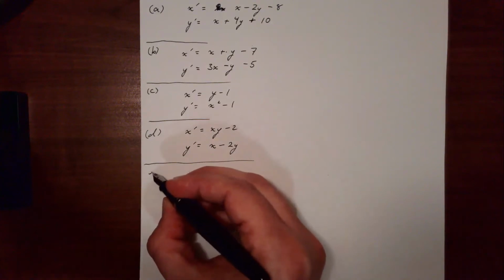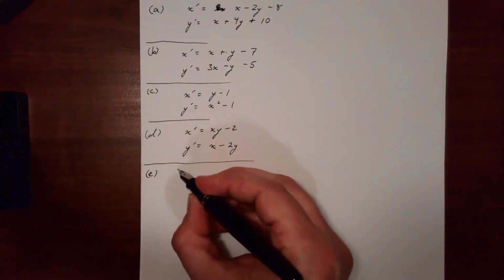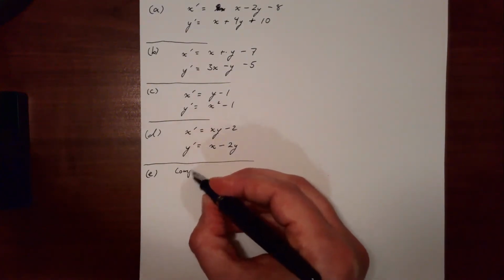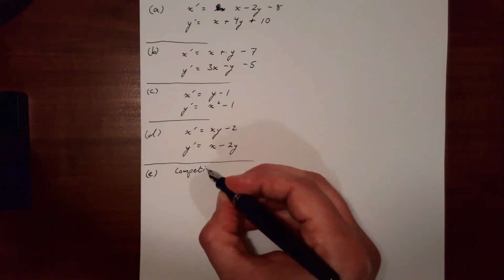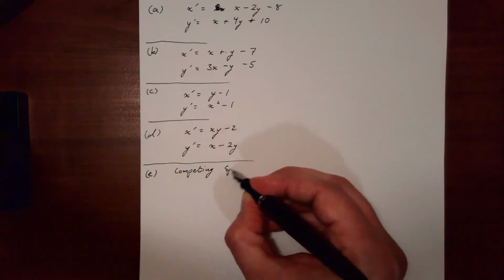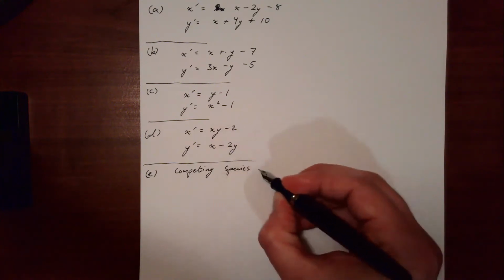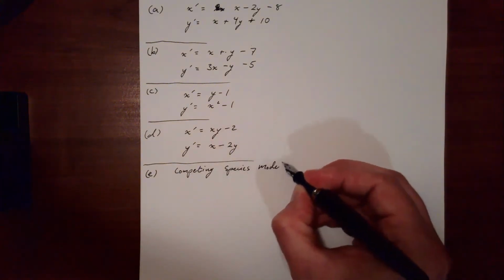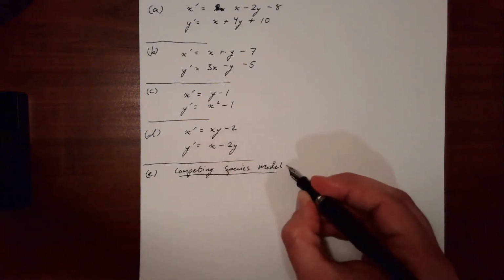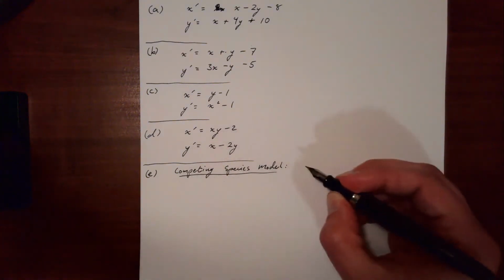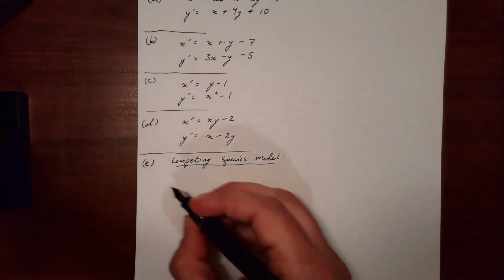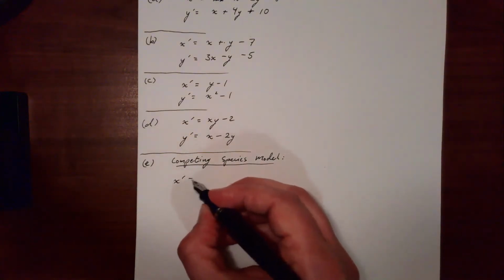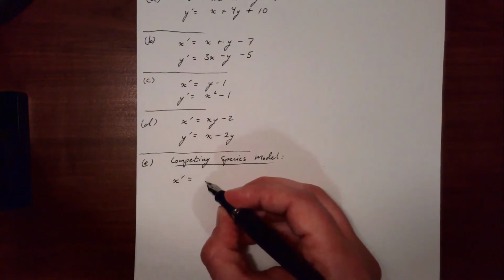And then finally, for our last example, let's look at the competing species model that we looked at when we were studying nullclines and that sort of thing, in which we already found the equilibria, and we did some sketching of things, but let's now look at it from a new perspective.